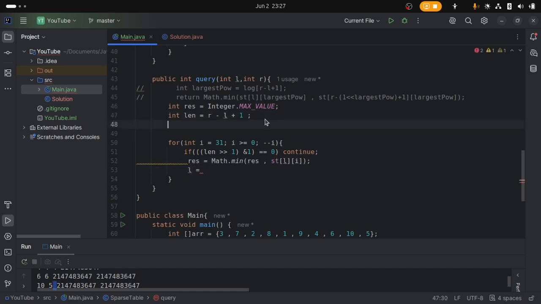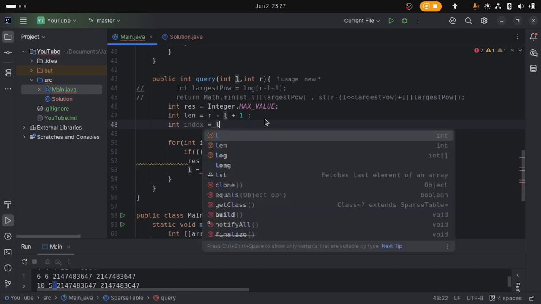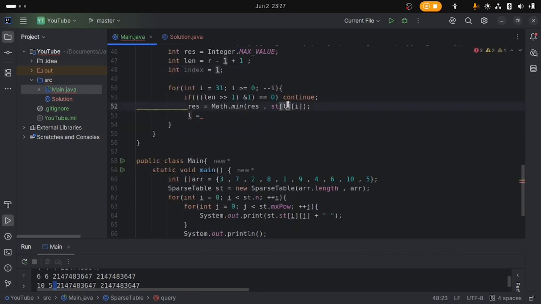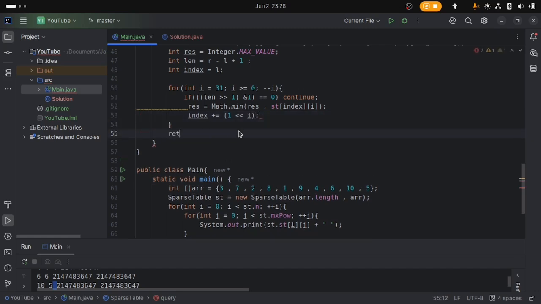If you guys will get confused, instead of l, I will call it index. And now the new value of your index will be, since we have considered a segment of length 2 to the power i, just move your index by that many positions. Return your res.